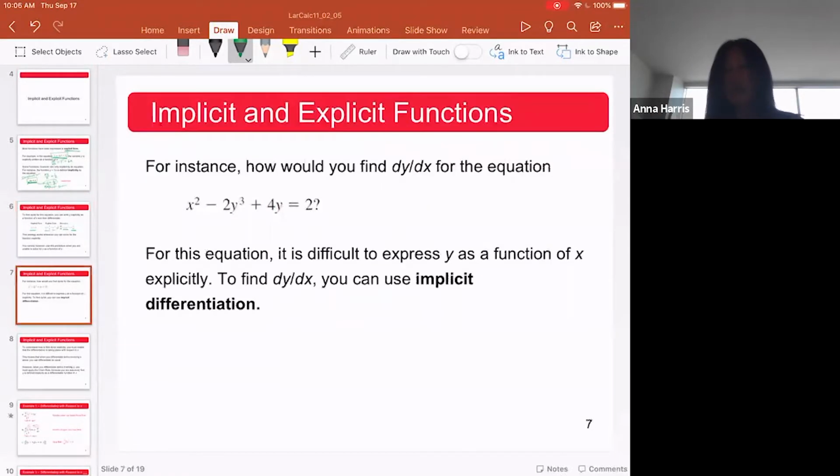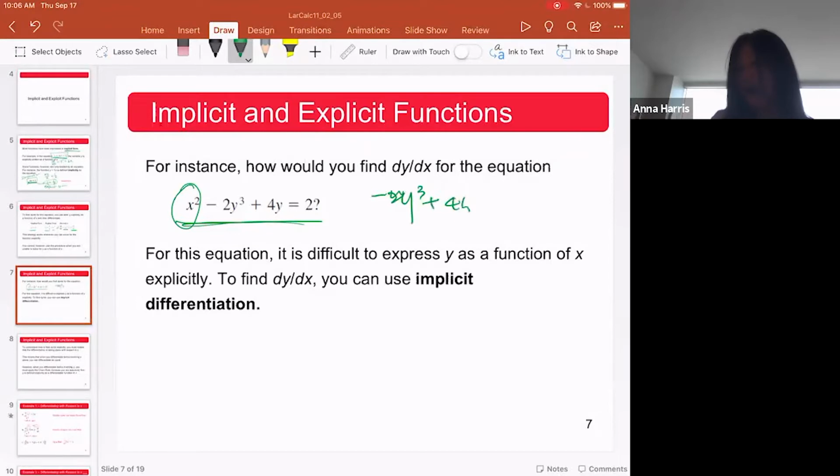For example, if I give you a problem like this, there is no way I can write it as y equal to x on the right-hand side. Let's try it. If I decide to move this to the other side, then I have negative 2y to the third plus 4y equal to 2 minus x squared.